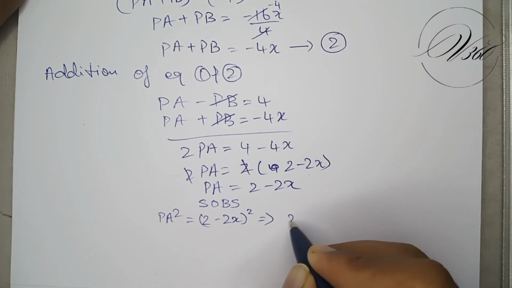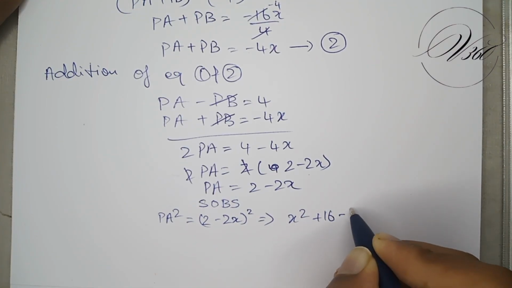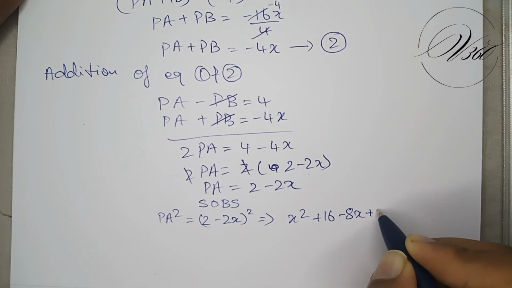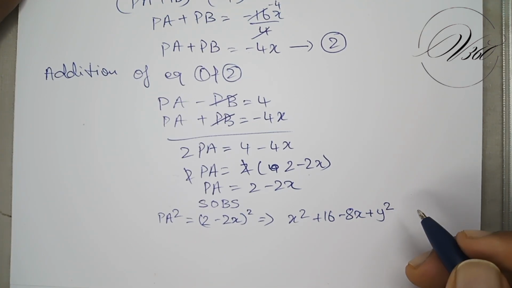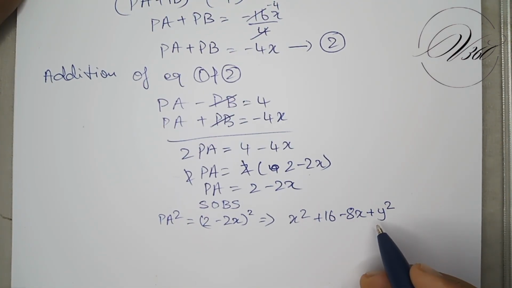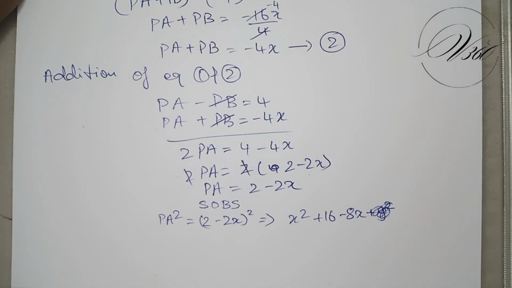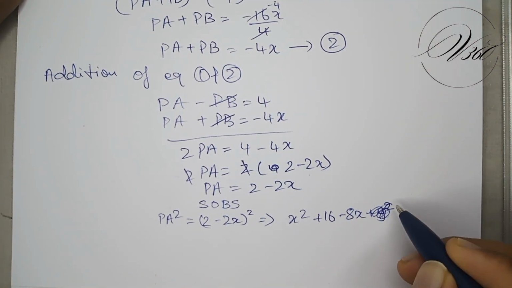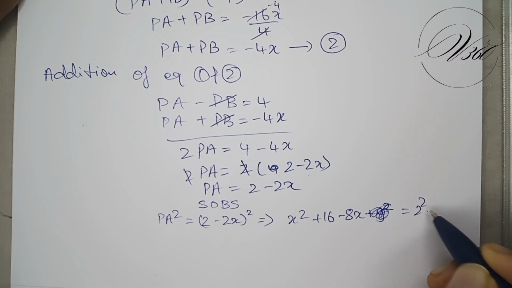We have got x square plus 16 minus 8x plus y square. Alright. Is it true? Yeah. Okay. Correct only, right? No. Here y square, there is no y square in this. Now this is equal to 2 square, which is 4.